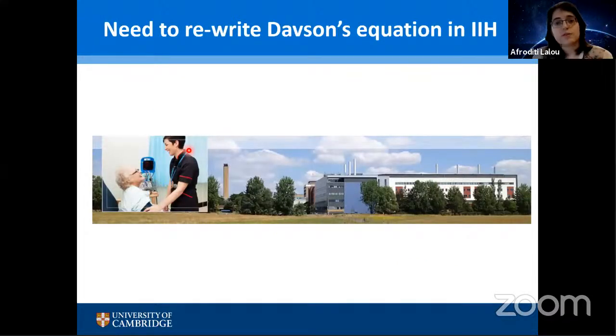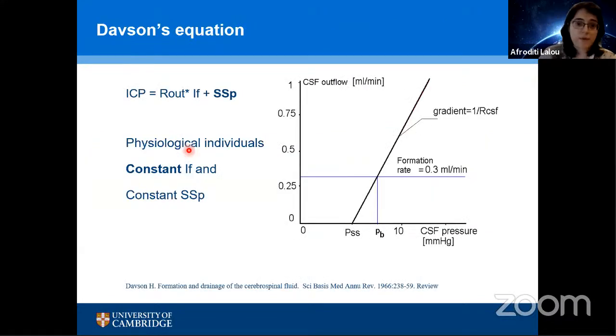Now, getting into pathophysiology again and Davson's equation that we talked about earlier, Hugh Davson performed his early experiments in the 70s, and it was on rabbits. It's not to say that this equation hasn't been verified in humans, especially from early infusion test results. However, we know that physiologically, the sagittal sinus pressure, both in rabbits and in humans, is meant to be constant.